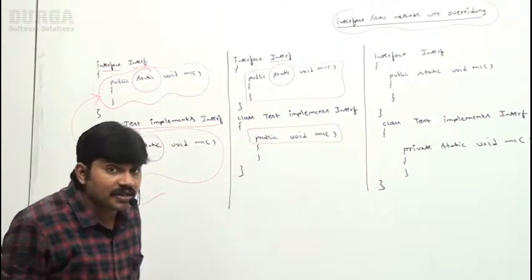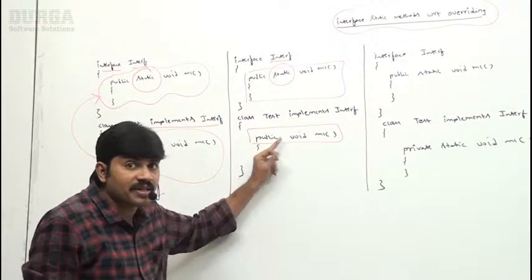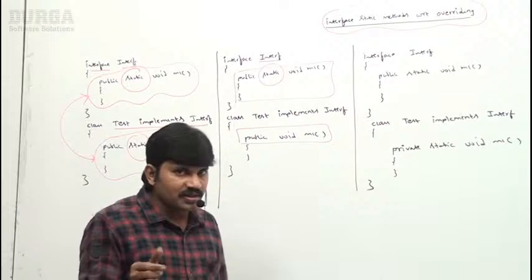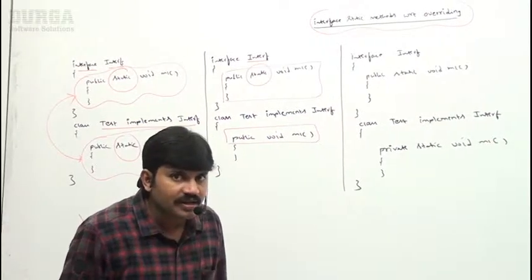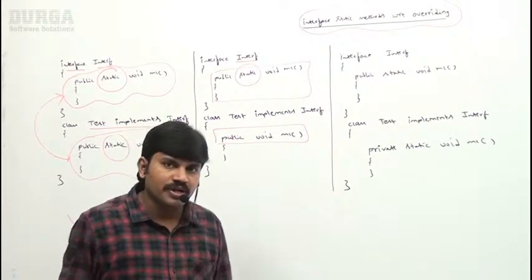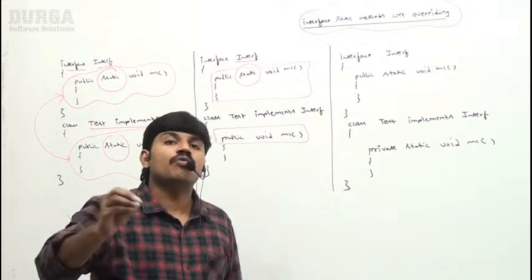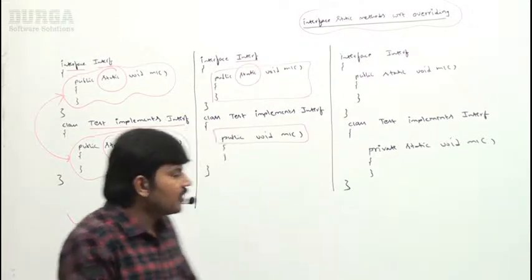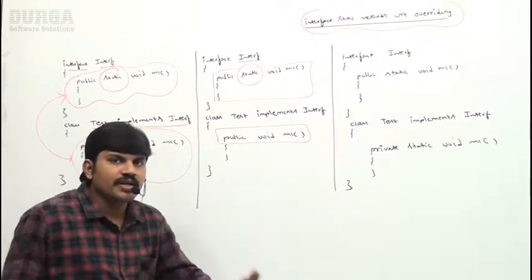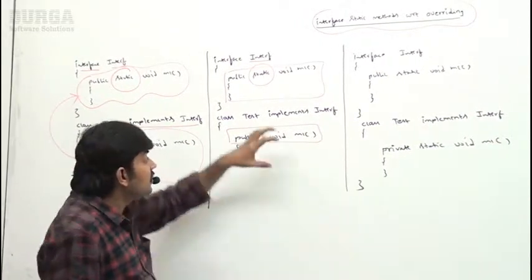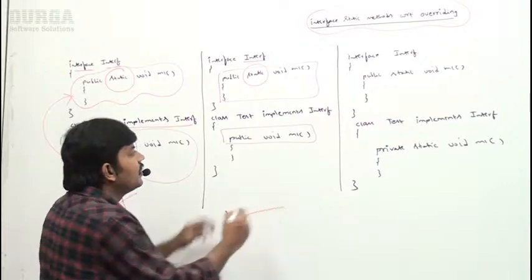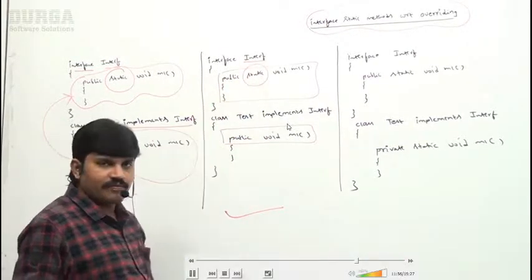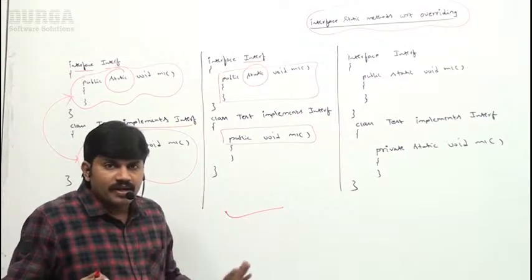In normal Java classes, if the parent class method is static and the child class method is non-static, immediately we get a compile-time error, because we can't override a static method as a non-static method. But in this scenario, we never get any compile-time error because it is not the overriding concept. This is the m1 method of the Test class, and this is the m1 method of the interface. It's valid but not overriding.